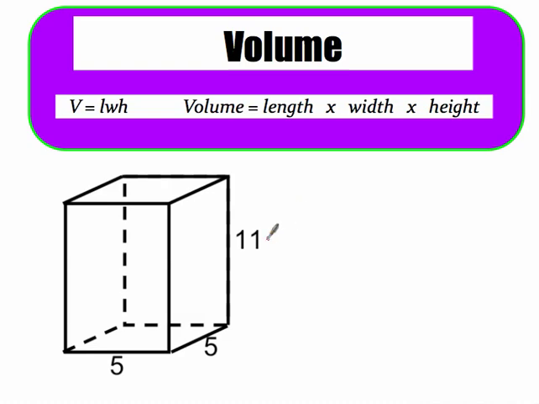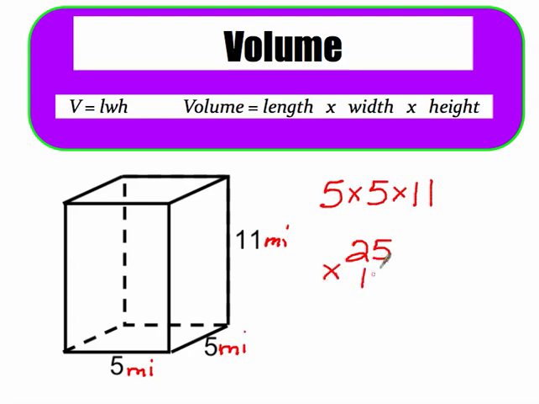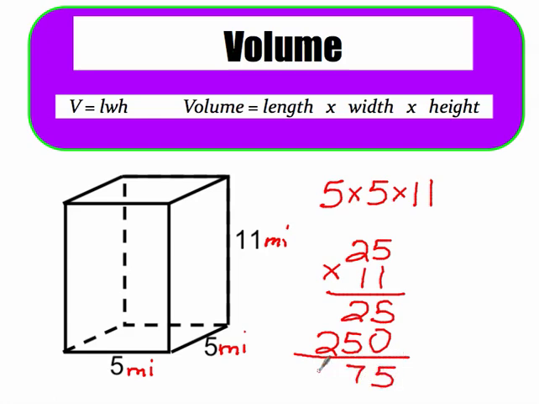This one, we need a unit, so we'll call it miles. And we're going to say 5 times 5 times 11. You can go in any order you wish. 5 times 5 is 25, so 25 times 11, 275 cubic miles.